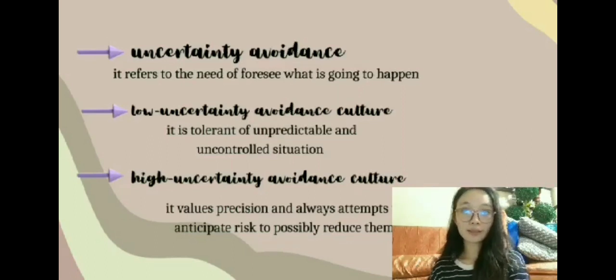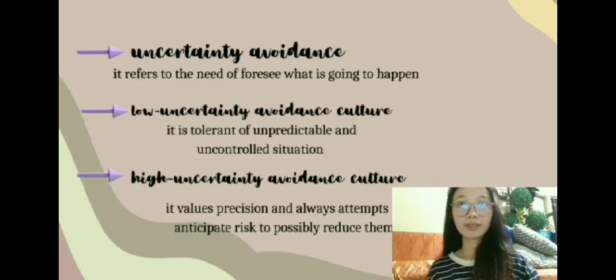Next is uncertainty avoidance. Uncertainty avoidance culture refers to the need to foresee what is going to happen. There are two types: low uncertainty avoidance culture and high uncertainty avoidance culture.